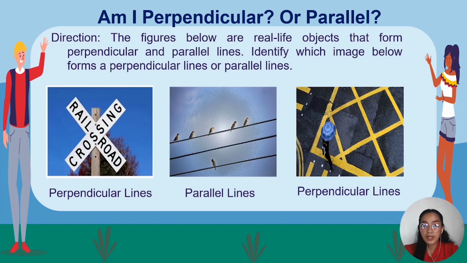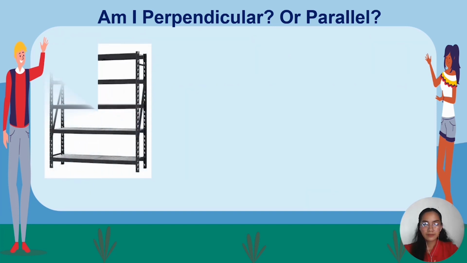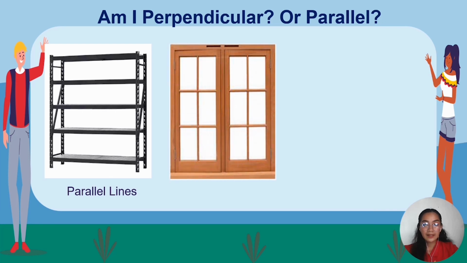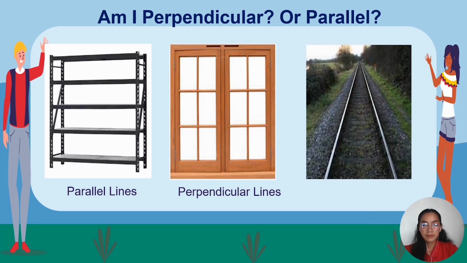Next, we have the fourth image. What do you think it is? It is an example of parallel lines. How about the fifth image? What do you think is the answer? Okay, it is an example of perpendicular lines. How about the sixth image? It is an example of parallel lines.